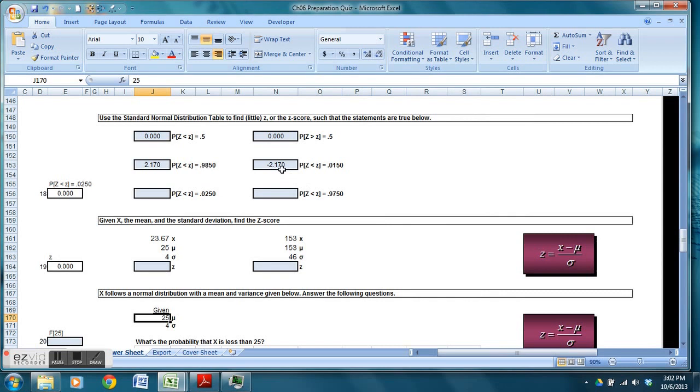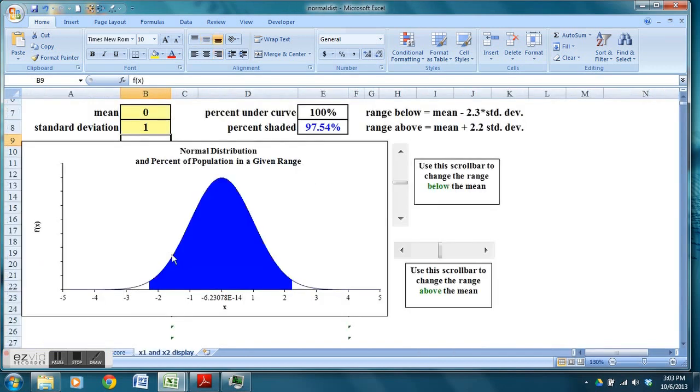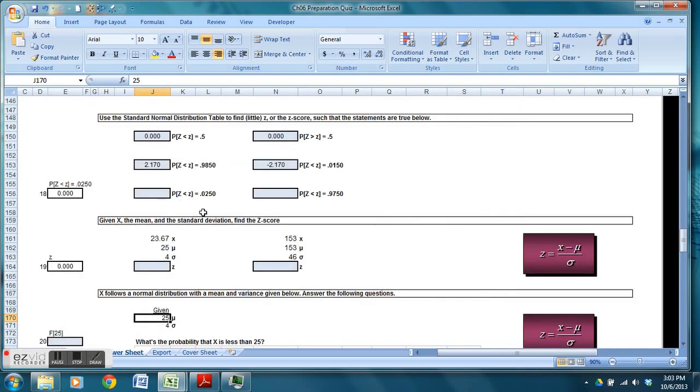And the second question is asking for the probability 0.015, and that just represents this tail at the end. But in both cases, both these tails have the same probability, and since the z curve is symmetric, the value at which it starts or ends is the same. The only difference is which side of the mean it's on.